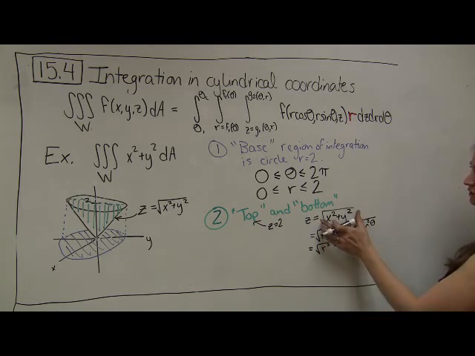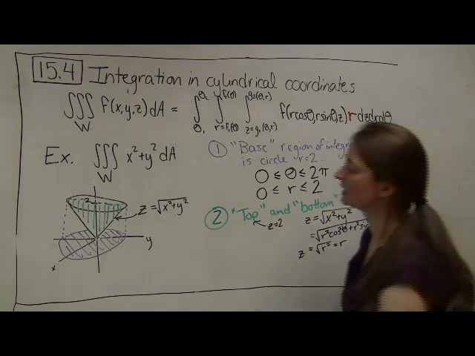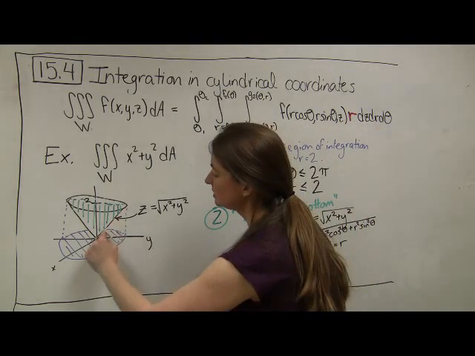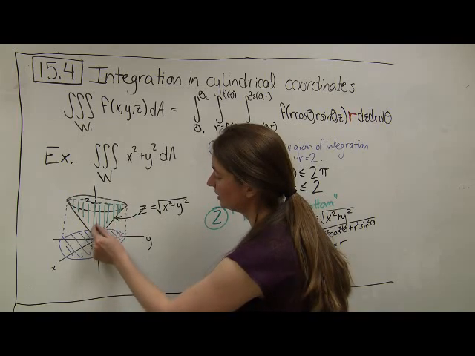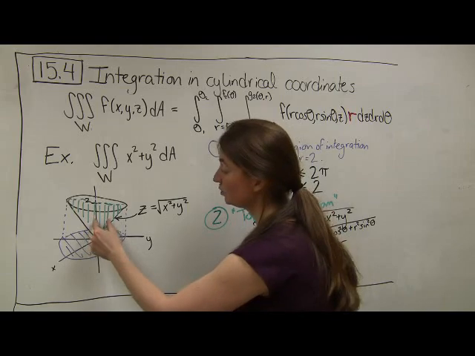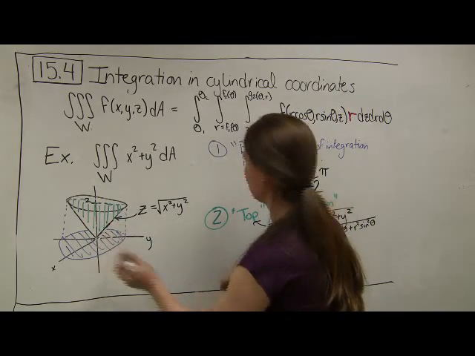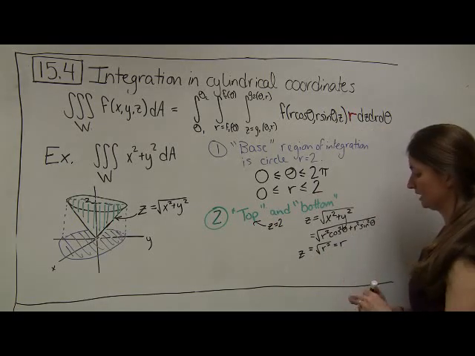And I could have seen that maybe originally algebraically. It just means that along this bottom part of the cone, no matter how far I go out in radius, that's exactly my height. I have a one-to-one relationship with radius and height. So that's another way to visualize this relationship.